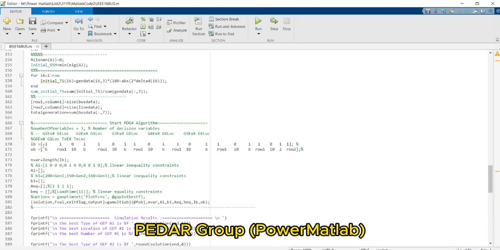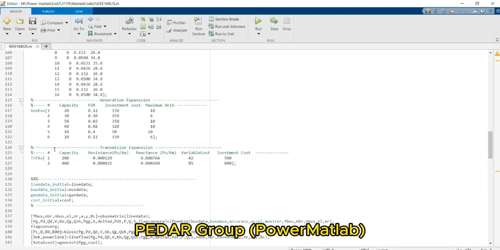So we consider the independent parameters. The first parameter for each scenario is between 1 and 6, related to the generation expansion planning, between scenario type 1 and scenario type 6.